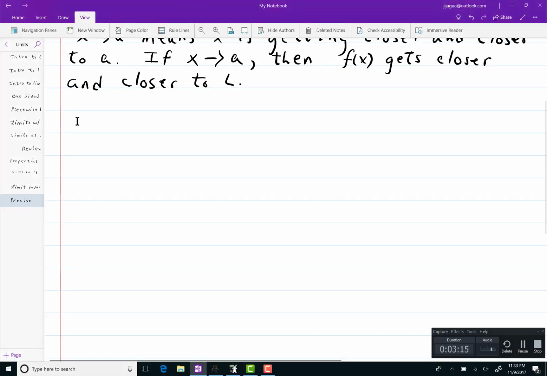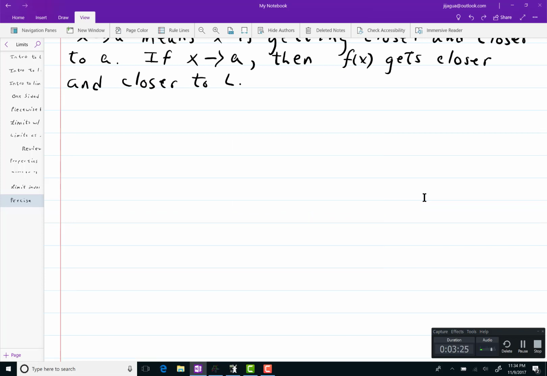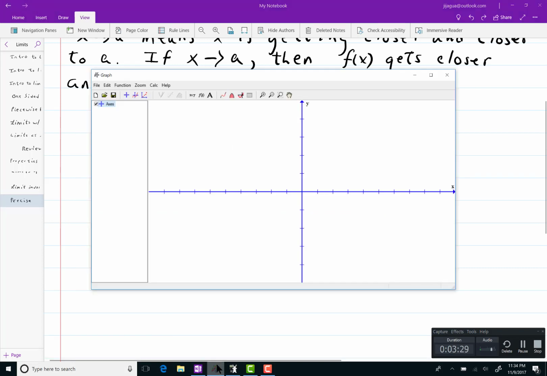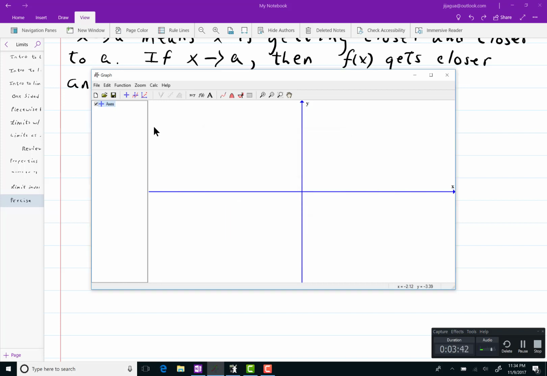Paste it in. Now, I'm just going to freehand draw some kind of a function. Let me change this also, I don't want the ticks on there either. All right, this is really all I want to do.